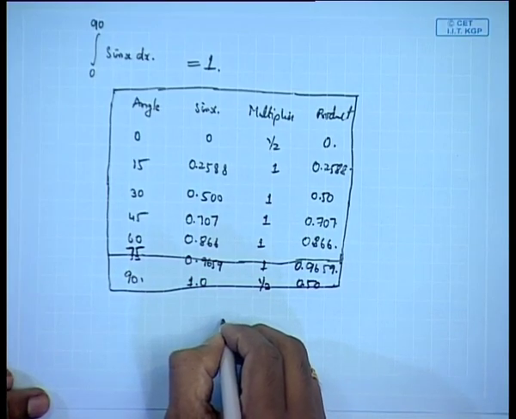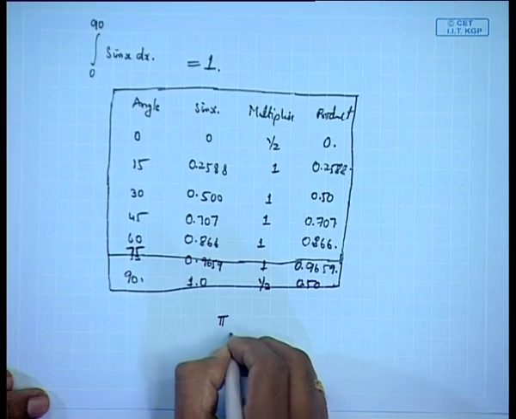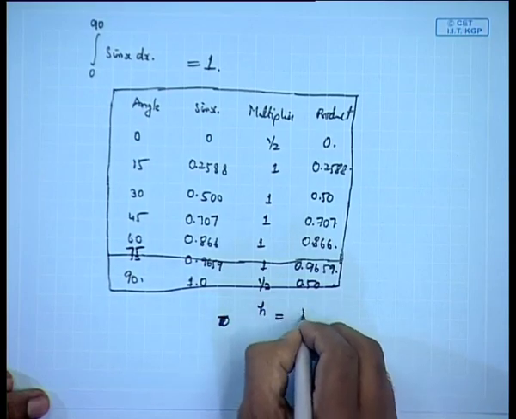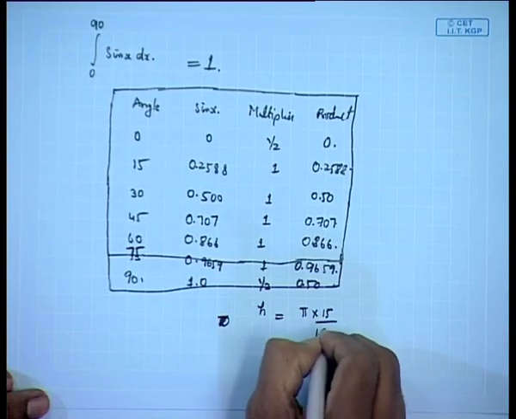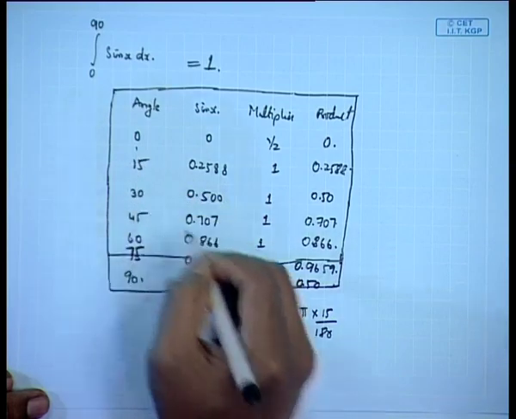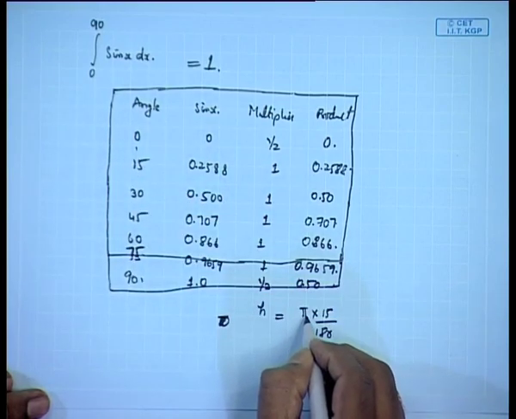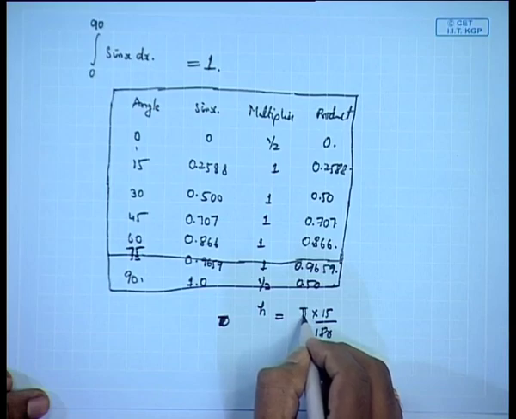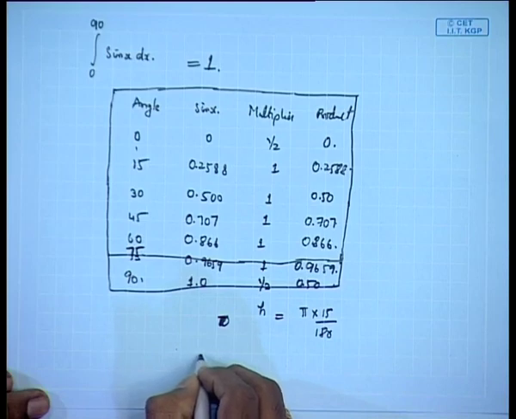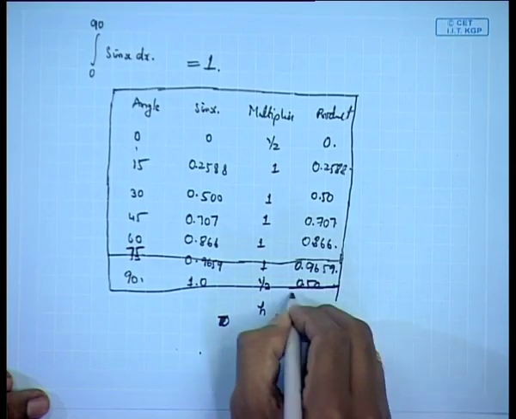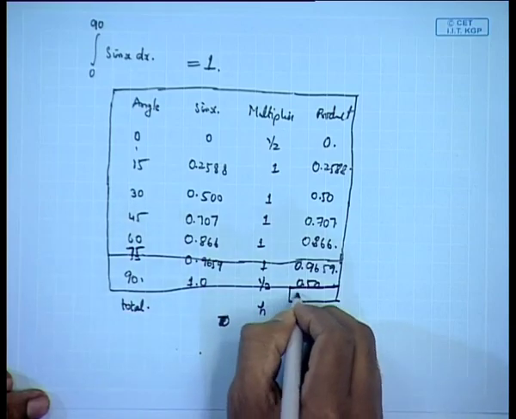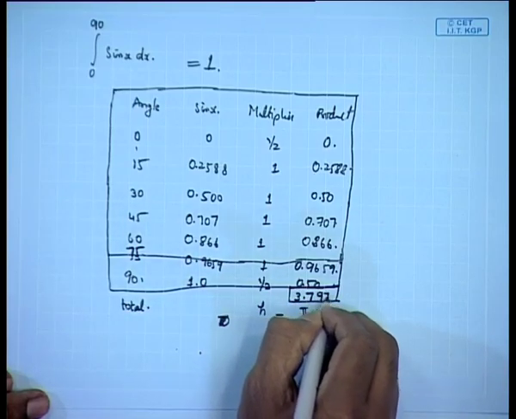Your expression is, first of all, how much is h? We have to figure out h first. It is uniform, h is equal to pi into 15 by 180. You can see here we are doing it in terms of 15 degrees. Pi is 180 degrees, so this 15 degree interval is equal to pi into 15 by 180. Once you have h, you have the sum of the total. The total comes to 3.7979.